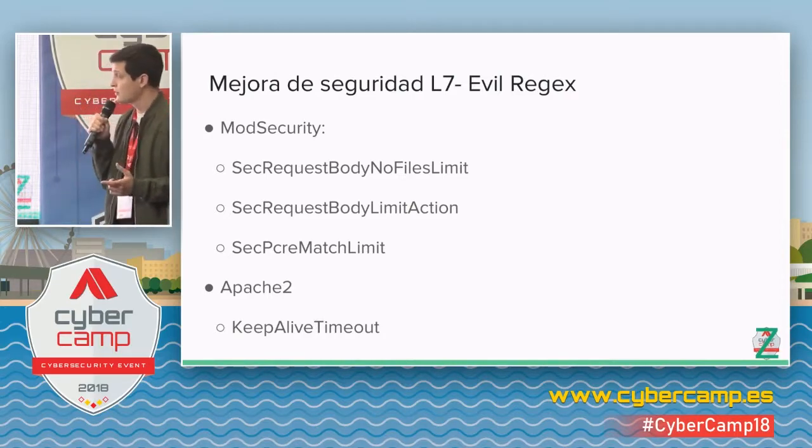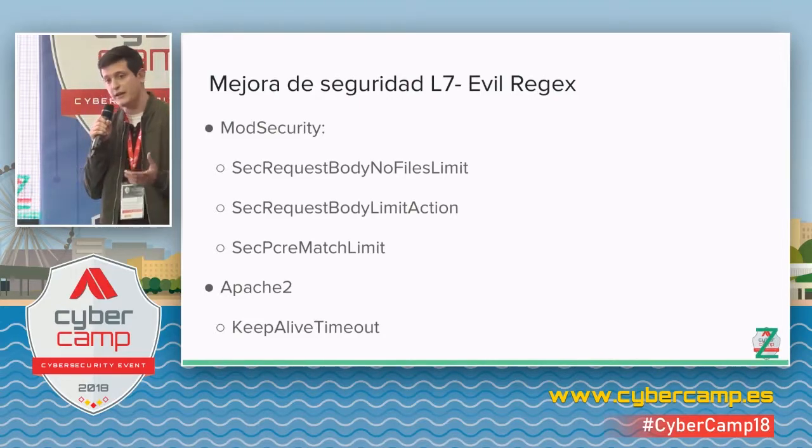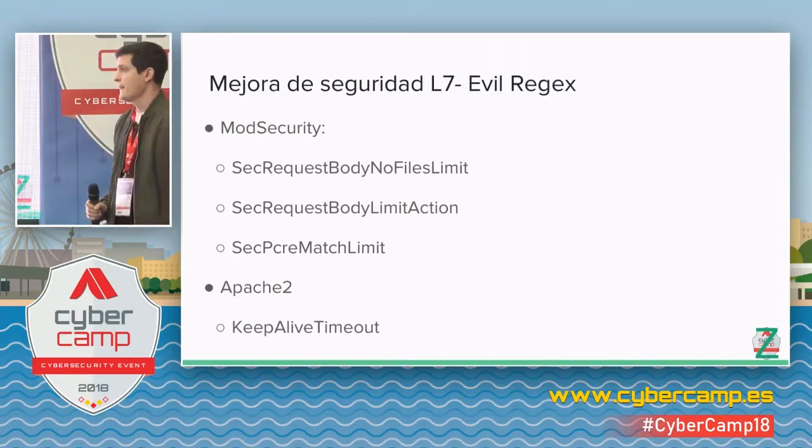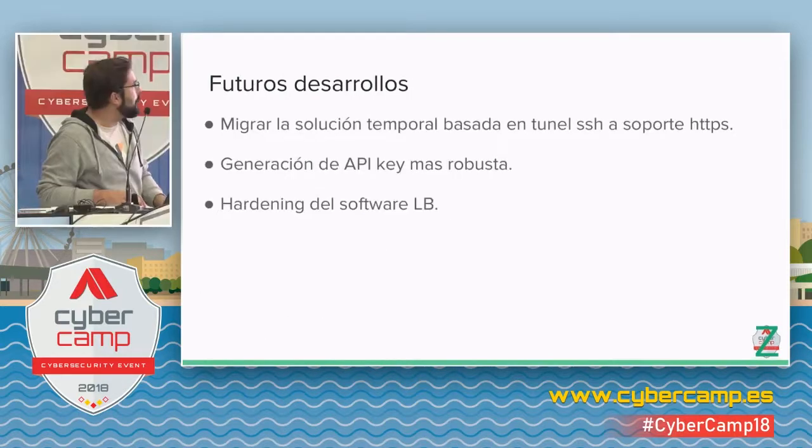And then on Apache 2, we've got keep alive timeout. That means we don't allow for connections that are over the timeout time. So if an attacker wants to send very large HTTP requests, the system will stop that.